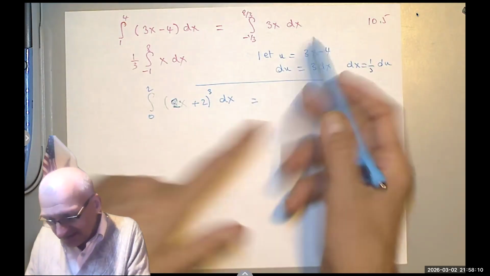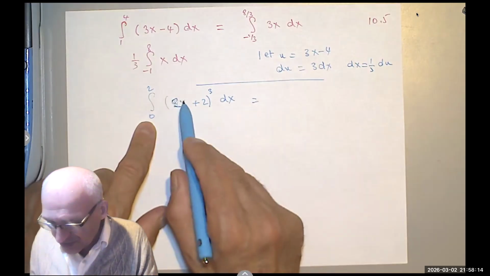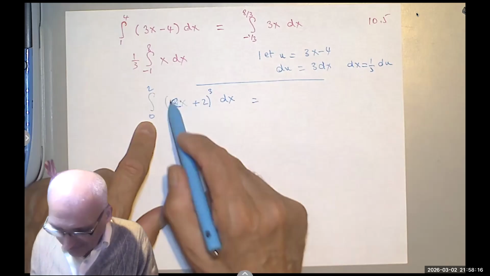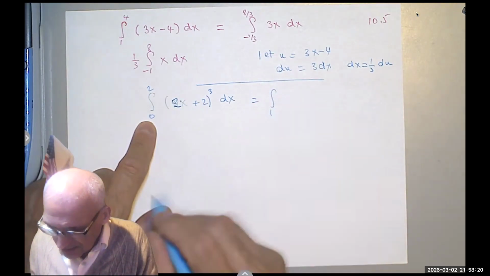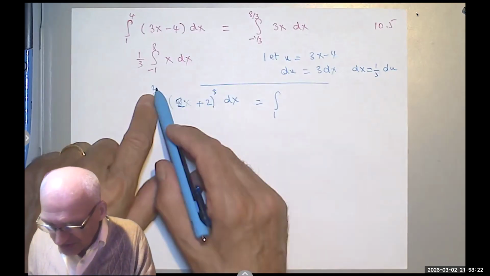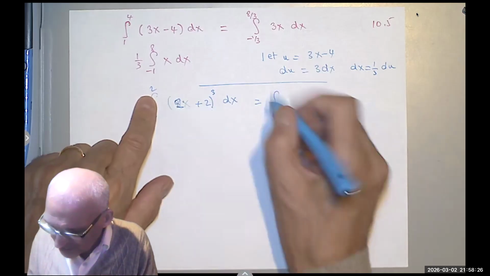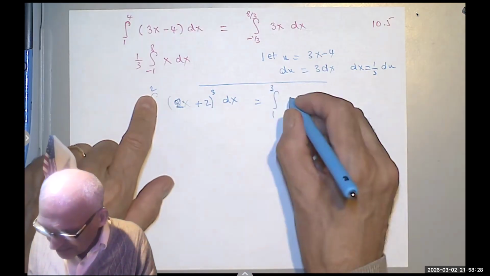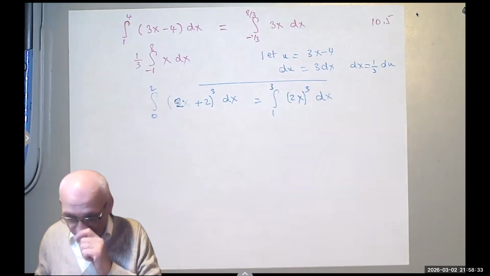The way I did it here, I said, okay, when I substitute with 0, I get 2 times 0 plus 2 is 2, and then I divide by the multiplier, so I get 1. And then when I substitute 2, 2 times 2 is 4, plus 2 is 6, and then I divide by 2, I get 3, and that would be 2x cubed dx.